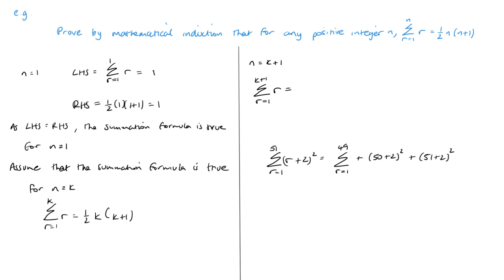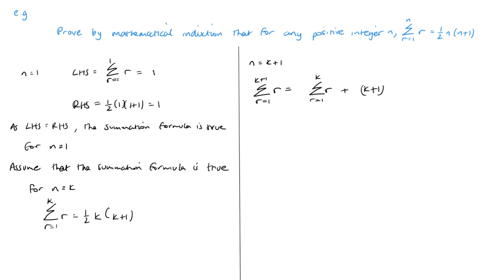Now that kind of process I'm going to apply up here. So the sum between r equals 1 and k plus 1 is going to be the same as the sum from 1 to k of r plus, and now I'm substituting k plus 1 into this.